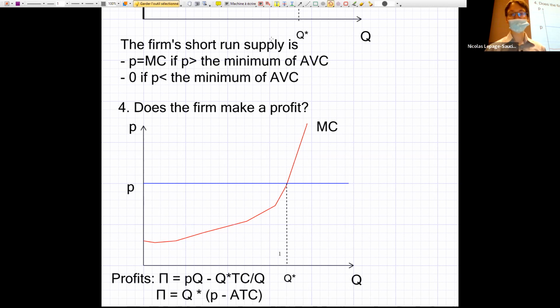So this is how the average total cost looks like. It's very, very high initially, but it looks almost the same as the average variable cost. It's just that it starts much, much higher. And then, as we have discussed previously, it's going to be crossed at its minimum by the marginal cost.